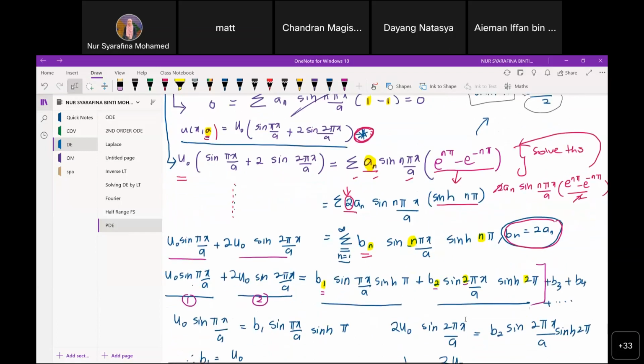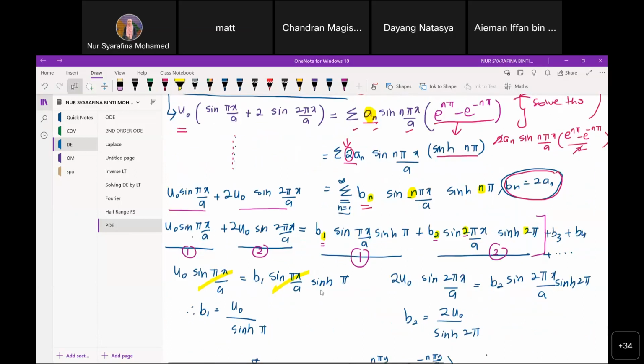The first expression compares with the first expression, the second with the second expression. u naught sine pi x over a equals b1 sine pi x over a sine pi. So this is sine pi x over a, this is sine pi x over a, then b1 is u naught over sine pi.